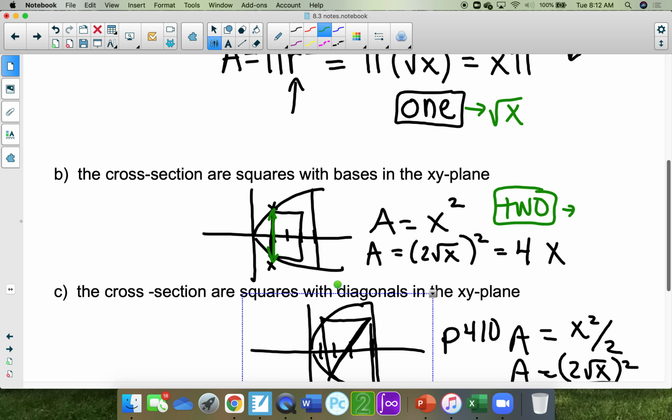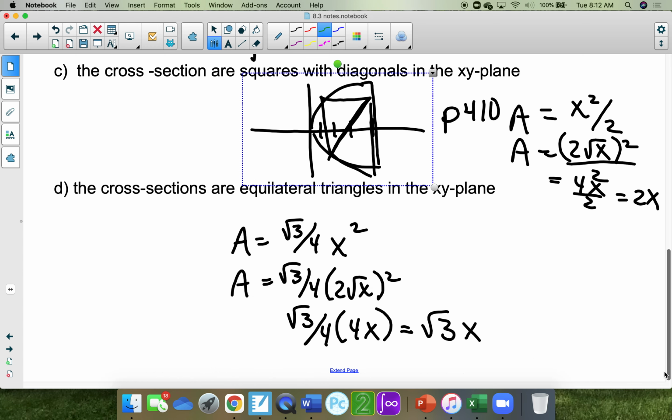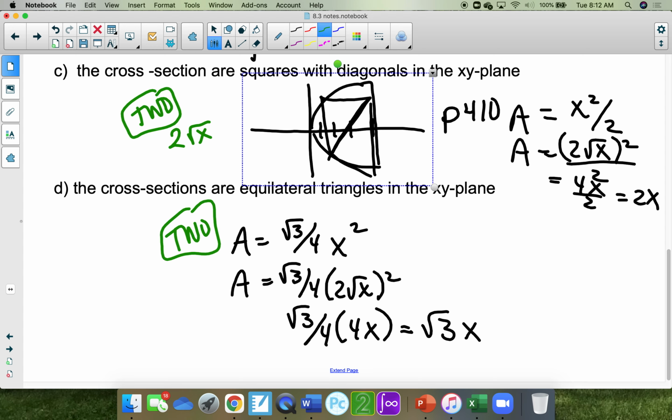So you would need both, 2 root x. For this one, you need 2 root x. And this one you need 2, the length of both of them. So keep that in mind. When you do circles, you only need 1. Okay, let's do an example.